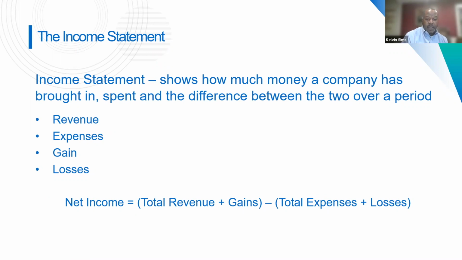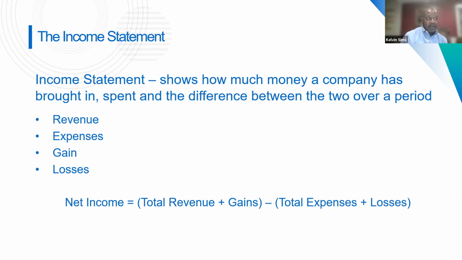If we sold a car or an asset that wasn't fully depreciated or wasn't written off our books, and we don't make enough to pay off that expense, that would be a loss. Or if we had a lawsuit or something that we had to make a payment on, that would also be considered a loss.